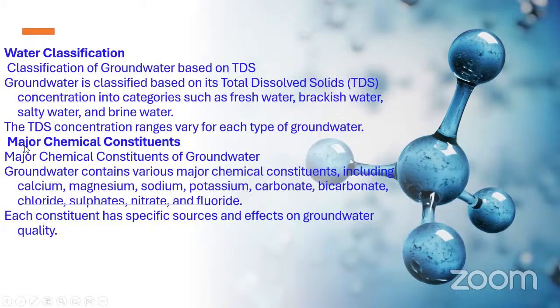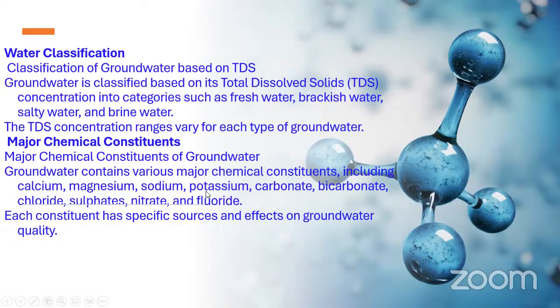And when we discuss the major chemical constituents, groundwater contains various major chemical constituents including calcium, magnesium, sodium, potassium, carbonate, bicarbonate, chloride, sulfate, nitrate, and fluoride. These are all major ions.